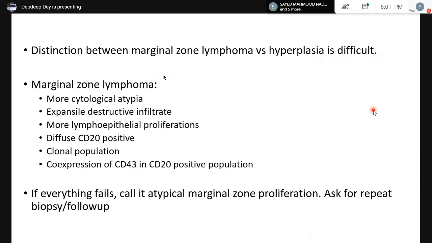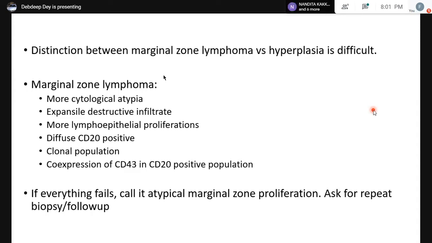Therefore, you have to look at the case in totality, and you balance how many points are for and how many points are against, and then make up your mind. But sometimes it is not possible to do, and you end up calling it an atypical marginal zone proliferation.